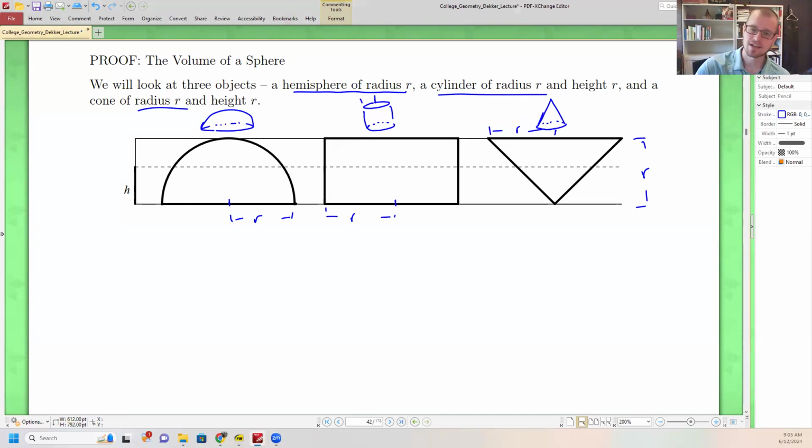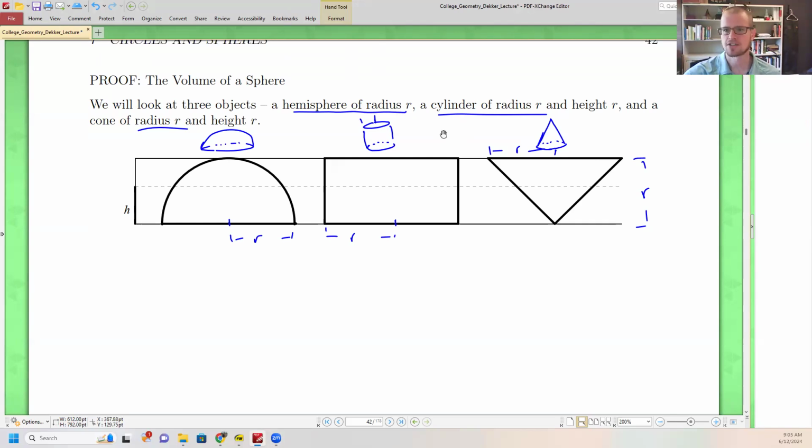All right, so what does this look like? Well, if I wanted to find these volumes, one typical way is to integrate, right? If we recall, this takes calculus. So if we integrate over cross-sectional area, what this gives us is volume.